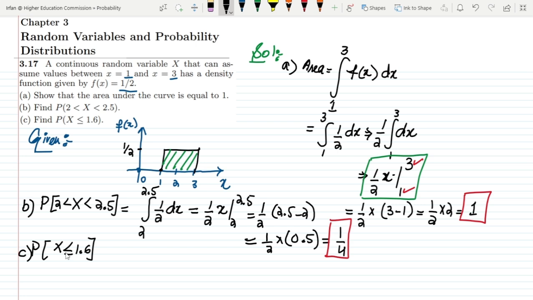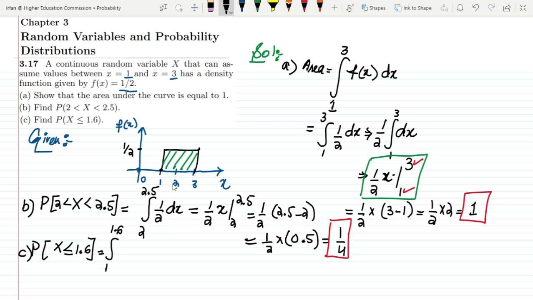So therefore x less than 1.6 basically corresponds with the values in between 1 and 1.6. So I have to take the integral in between 1 and 1.6, and write the values here.